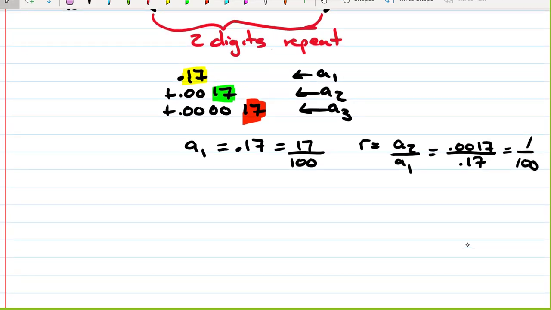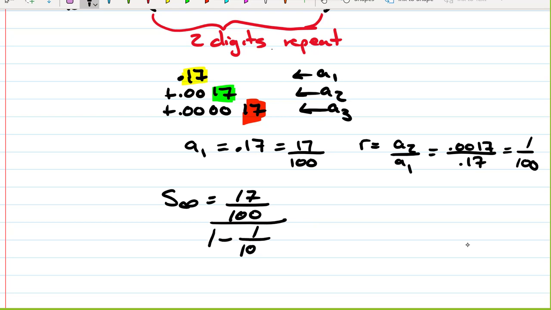So then our formula for that part, our S infinity, is a_1, which is 17 over 100, all over 1 minus r, which is 1 over 100.